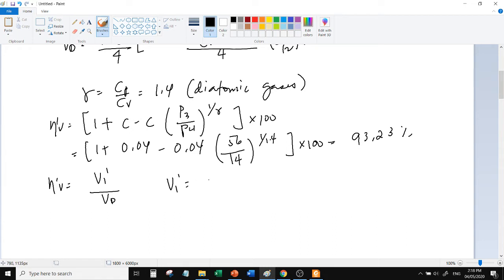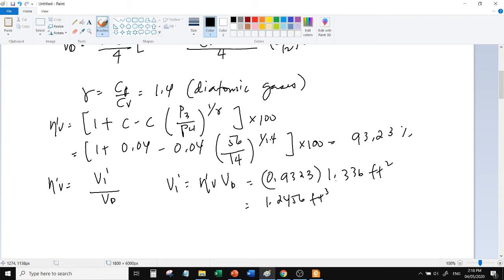Therefore, rearranging the equation, solving for V1 prime, volumetric efficiency multiplied by the displacement volume, makakuha natin yung V1 prime. 1.24 feet cube.